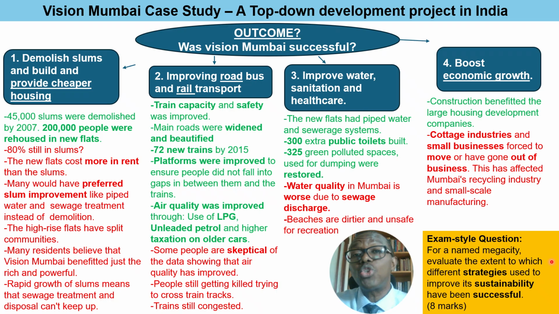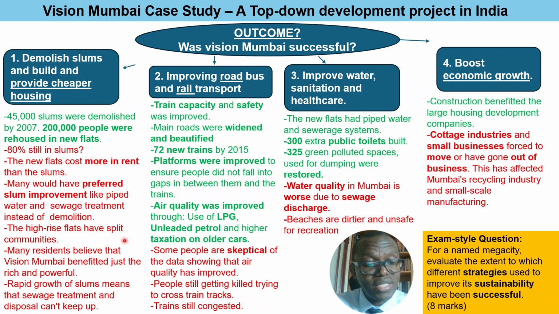And there were also other small businesses, small scale manufacturing or small scale industry taking place in the slums, which then means that those people doing those jobs there are likely to have been moved from the slums into this new accommodation, and therefore not necessarily be able to continue doing their business. Okay, let's carry on though.